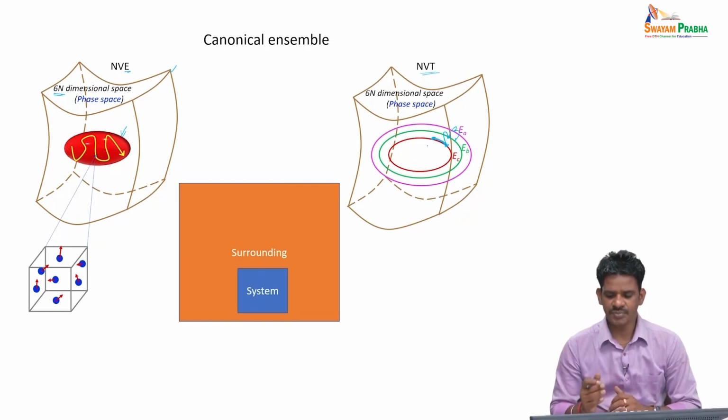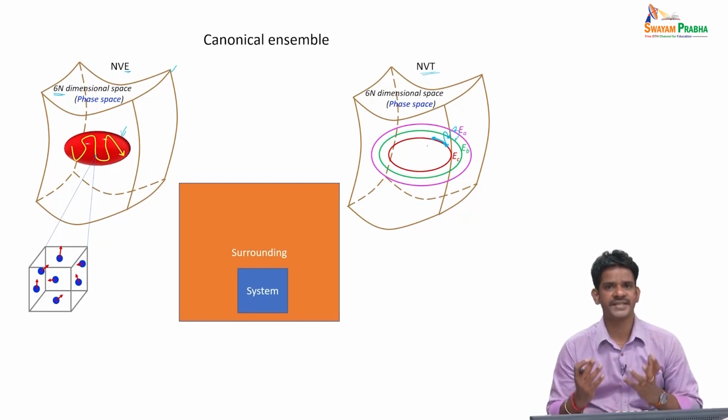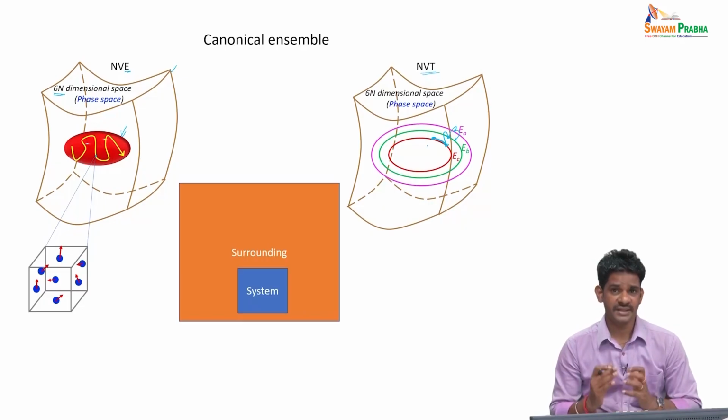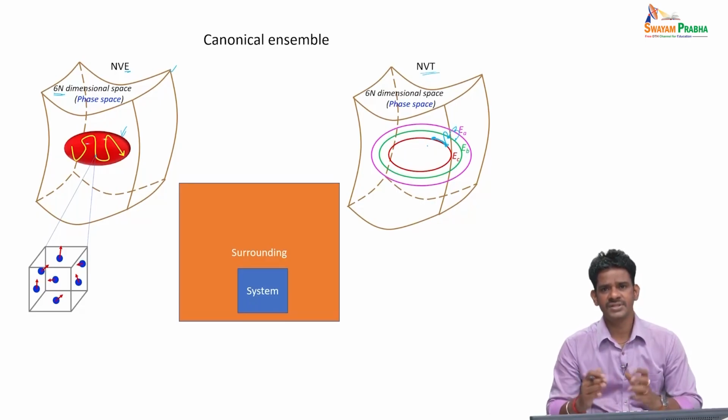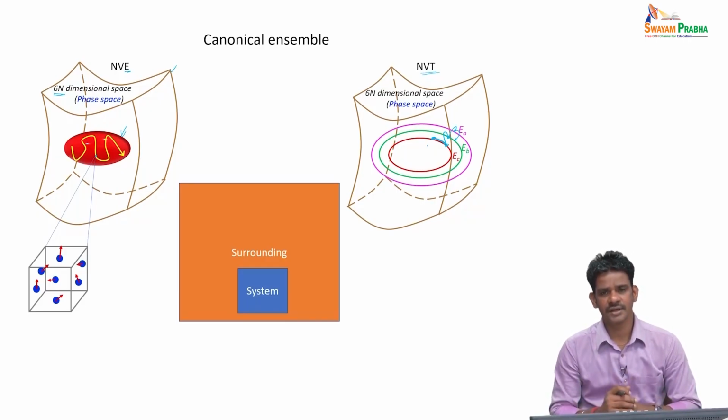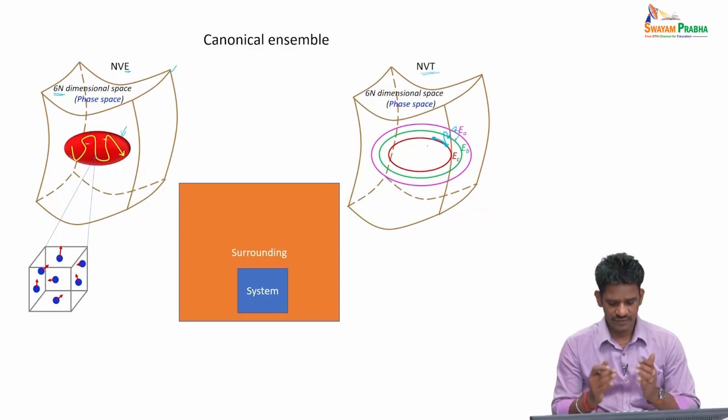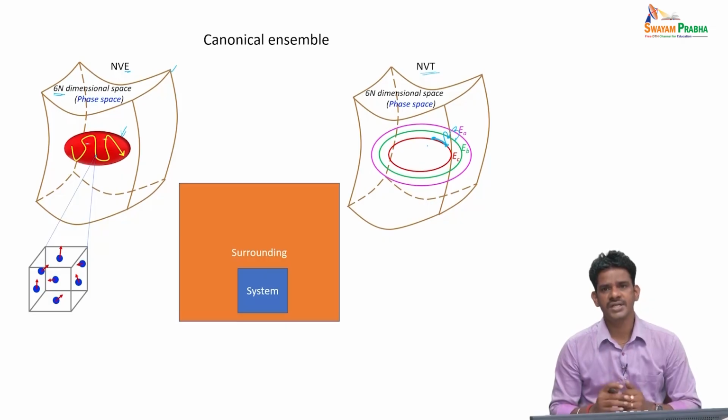This is more intuitive for us, because in an experimental system where I want to maintain the temperature constant, I take the system and immerse it in a reservoir, which I call the surrounding, maintained at a desired temperature. When we couple the system with the surrounding at a constant temperature, any change happening in the system leads to a flow of energy across the boundaries between the system and the surrounding.